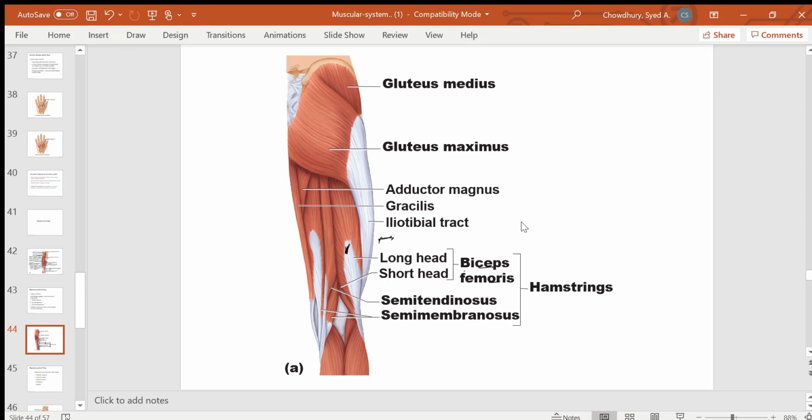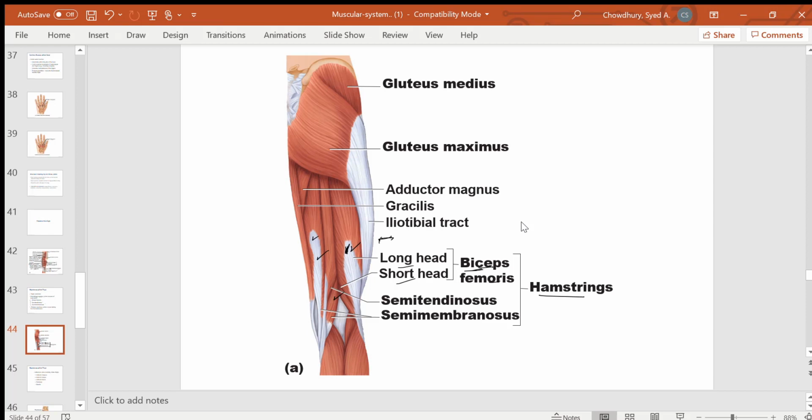It has two heads, okay, long head and short head. And not biceps brachii. Brachii, if you hear, it is in the arm, right? Femoris in the leg. So biceps femoris is the lateral, and the medial one is semitendinosus, and under semitendinosus you have semimembranosus. So those three muscles together are called the hamstring muscles. Semitendinosus and semimembranosus medially, and the biceps femoris laterally. Okay.